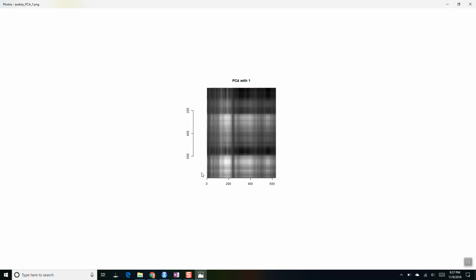Each row gets one value, and that one value will determine what that row is supposed to look like. It's trying to describe the entire row of pixels with a single value. And when you do it, it doesn't do a great job, okay?